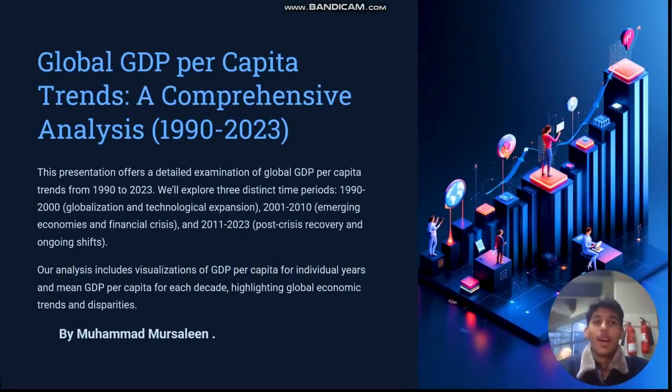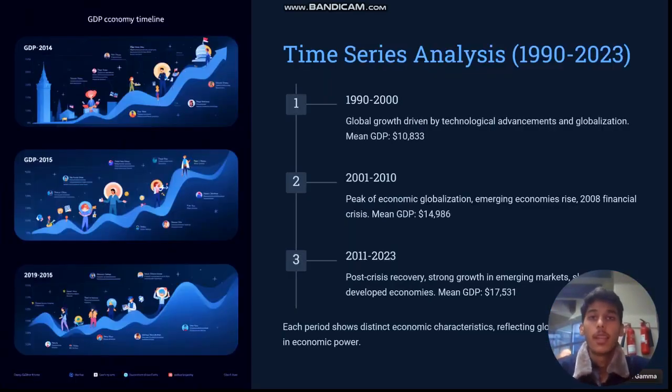So now I'm presenting our analysis of global GDP per capita trends from the year 1990 to 2023. The objective of this study was to understand how global economic growth has evolved and to explore the disparities between developed and developing countries. A time series analysis showed the median GDP per capita over the years, revealing steady global growth, but also the impacts of major events like the 2008 financial crisis.